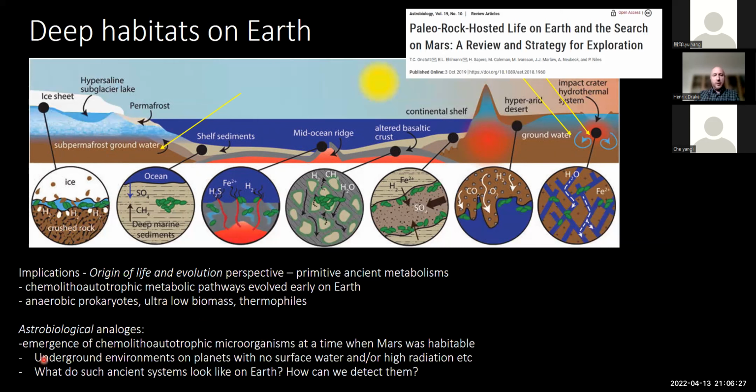There is also an interest in underground environments on these planets with no surface waters, because there might be water down there, and there is no radiation at great depth, which can destroy organic molecules. So this is a good system to look at on Earth, to find out how we can detect them, what these systems look like, and how long they have been there, and to take this knowledge to other planets potentially.